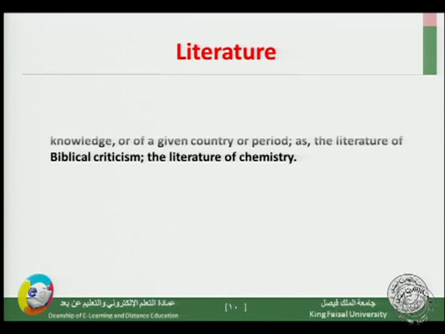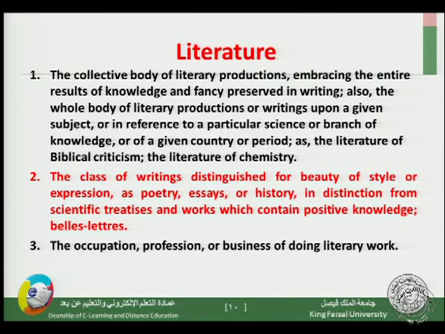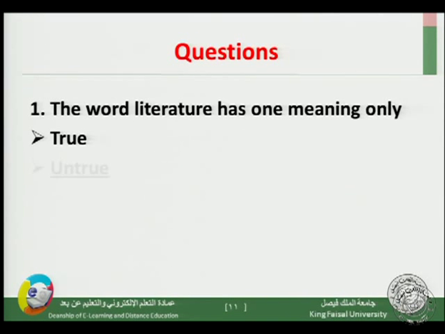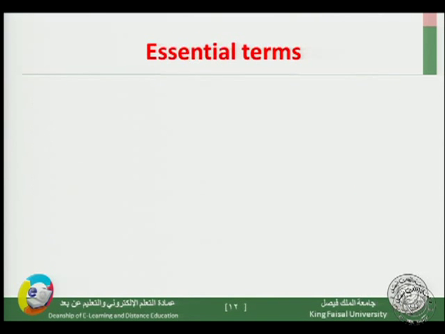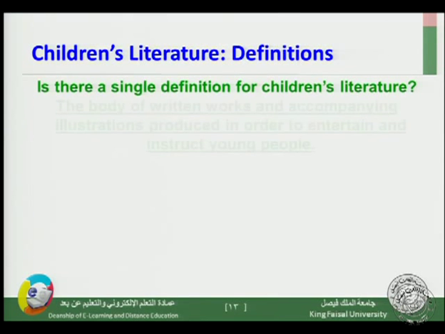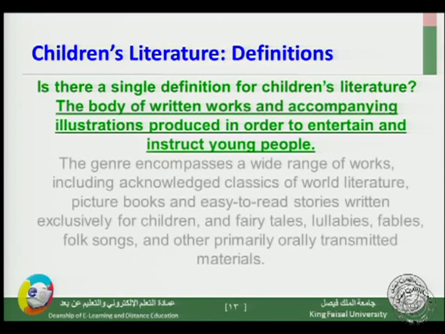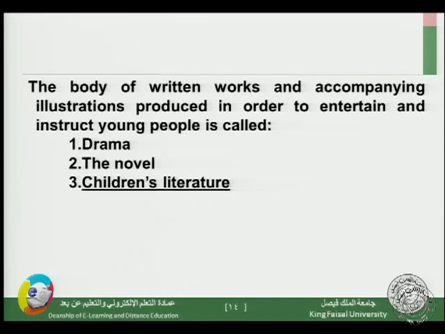It's a Latin word, literature. It has different meanings, not just one. Is there a single definition of children's literature? Of course not. More than one definition. That could be a nice definition if you want to decide on one.